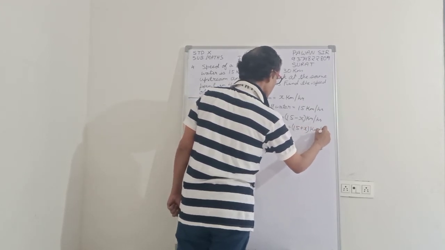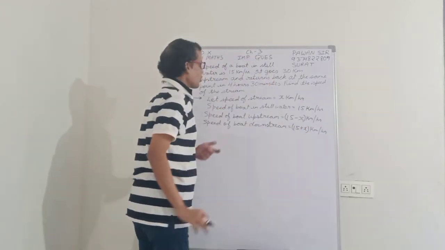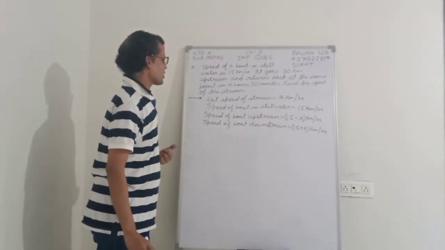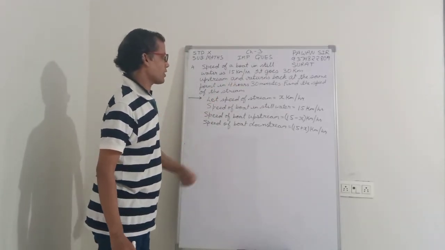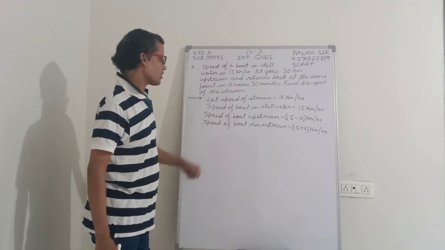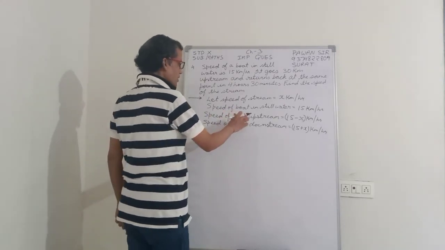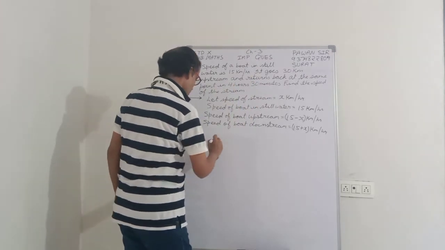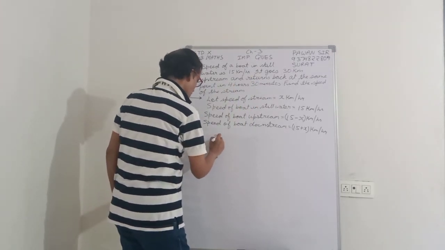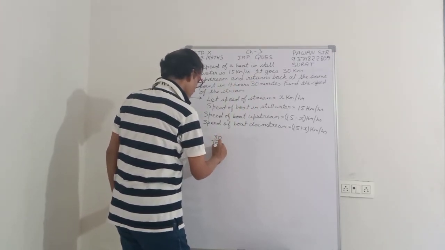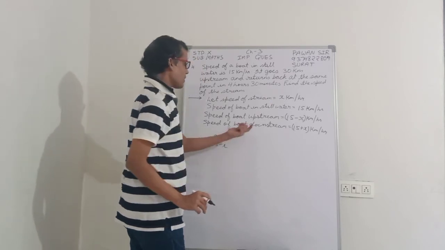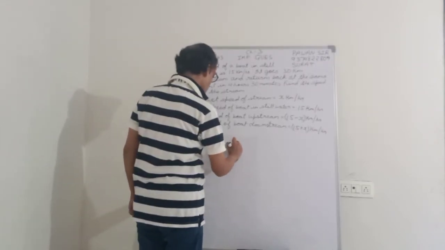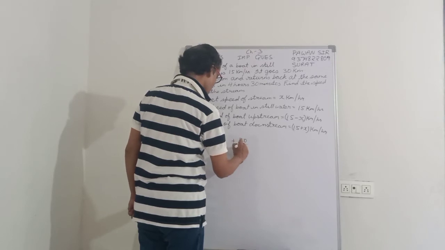Now the total time taken for upstream and downstream is 4 hours 30 minutes. So we can find out the time. See, the time taken to travel 30 km upstream is equal to 30 by 15 minus x. The time taken for downstream for 30 km is 30 by 15 plus x.